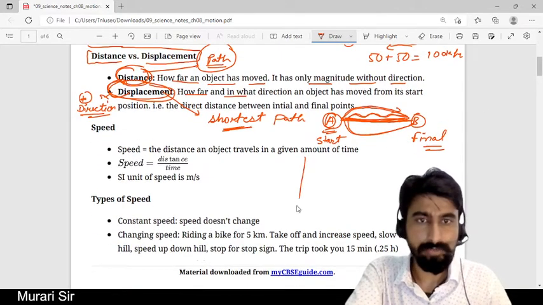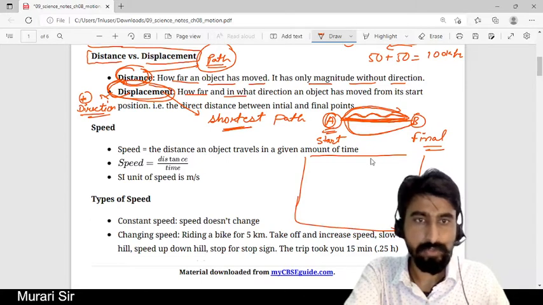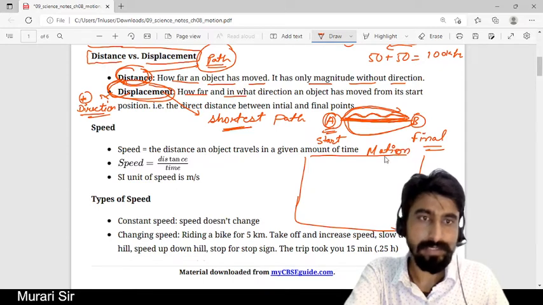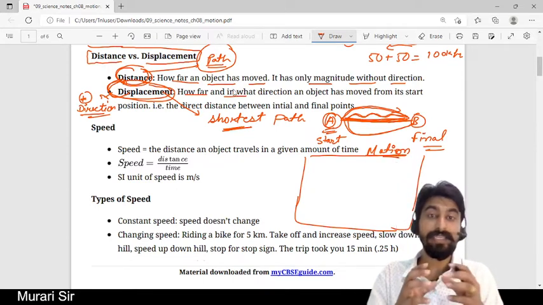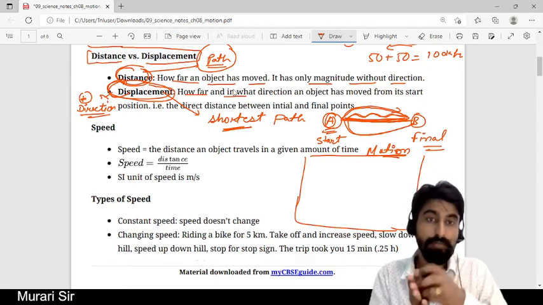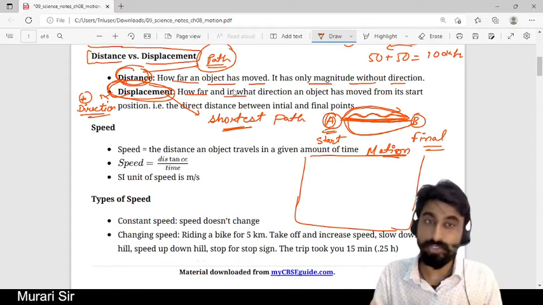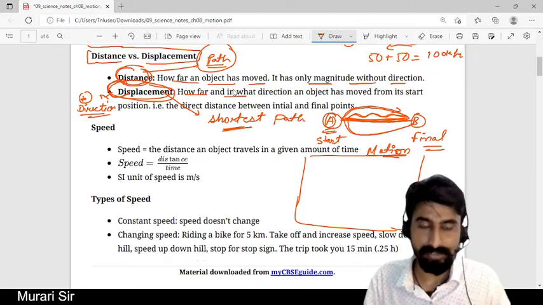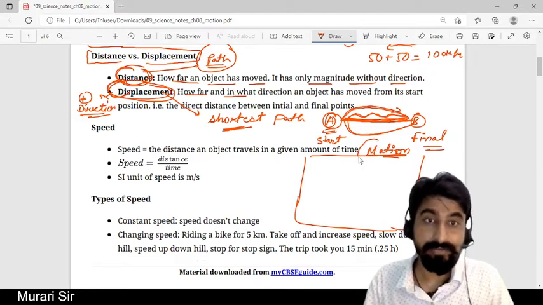So basically, we have started the topic with motion, and motion is a happening, an event in which an object is moving from one position to another position, changing its position, and obviously there is a time taken process. So it can be defined with some features.